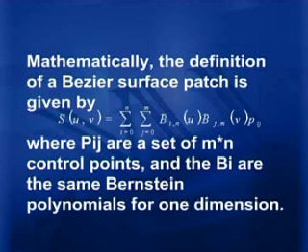Mathematically, the definition of a Bezier surface patch is given by the equation S of u comma v equals sigma for I equal to 0 to n of summation for j equal to 0 to m of b I comma n of u, b j comma m of v, p I j, where the p I j are a set of m by n or m times n control points, and the b are the same Bernstein polynomials as we used for one dimension. So this equation gives us a Bezier surface patch.